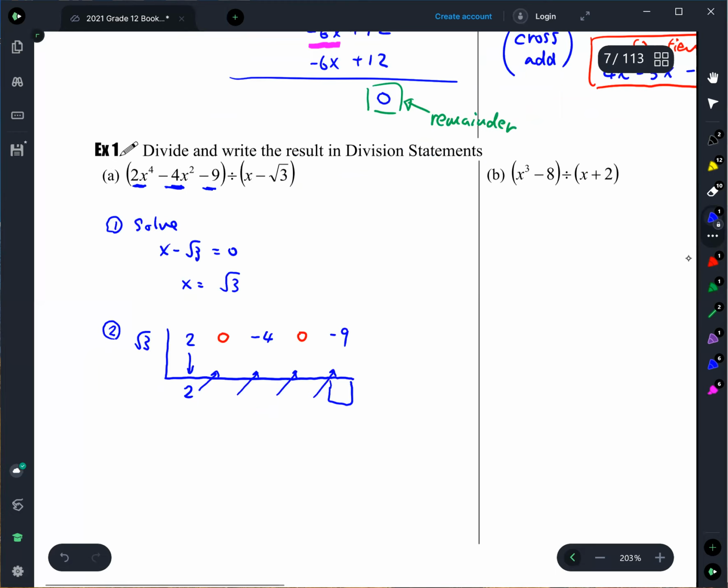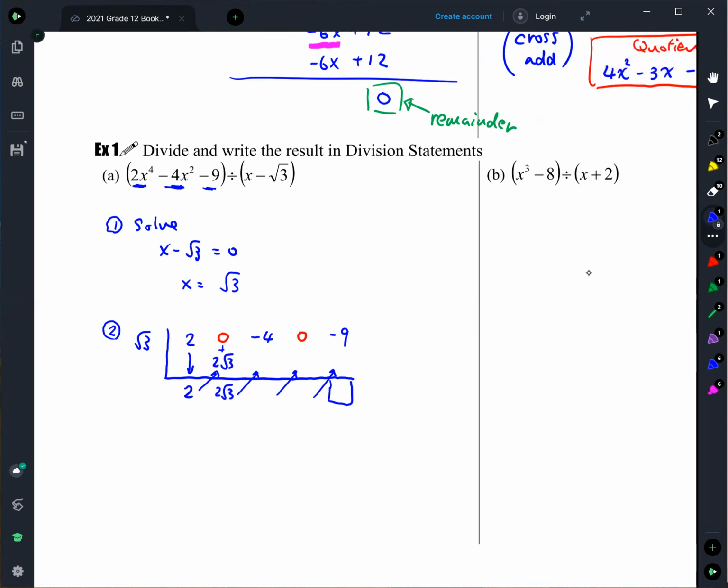Otherwise, if you finish all the way to the remainder, please raise your hand. I'll do one number for you. So 2 times root 3, I will put 2 root 3 there. We add, we get 2 root 3. Then you need to multiply it again before you cross. So Philip, what number goes under -4? 6.